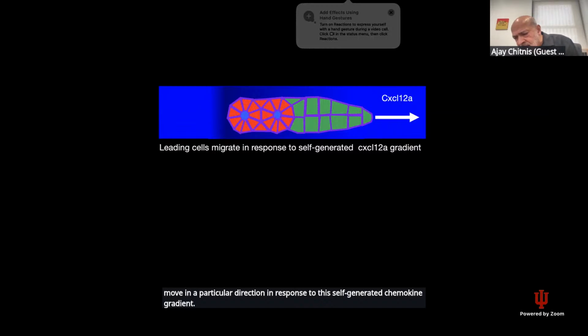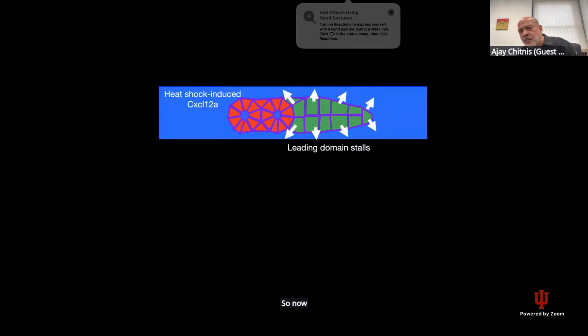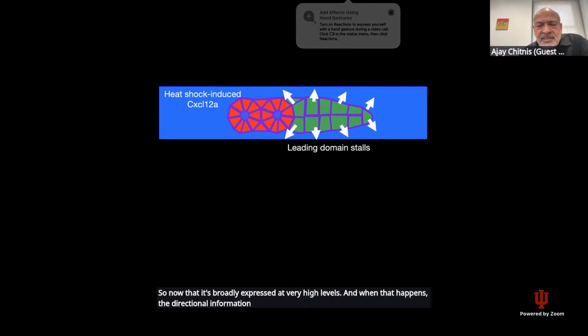One of the things we can do is transiently exaggerate the expression of CXCL12A, so that it's broadly expressed at very high levels. And when that happens, the directional information imparted by this system is lost, and the leading cells actually stall because they don't know what direction to go in. It's just done for a short time, and then eventually the system recovers.